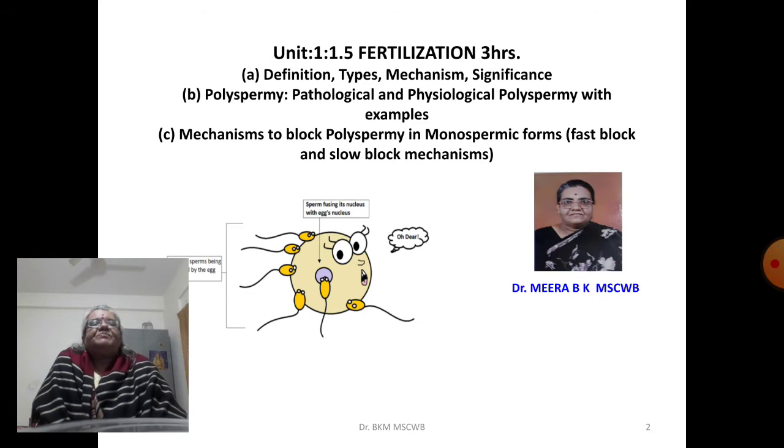There are around 6 sperms here, but you can make out that only one sperm has managed to get into the egg and fertilize it by bringing about amphimixis, whereas the other 5 sperms are simply present, being attached to the plasma membrane, right? So this depicts the typical polyspermy.